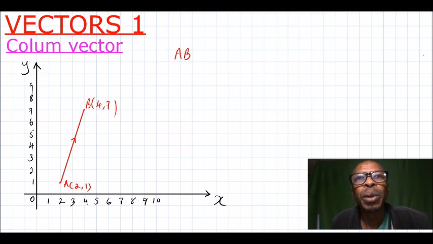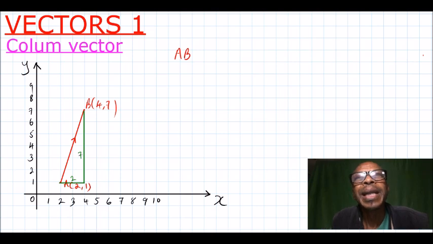So if we draw a component here, that means x has changed from 2 to 4. So how many units do we have here? We have 2. Then if you look at the y, it has moved from 1 all the way to 7. So if we draw a component there, then we have this is 6.